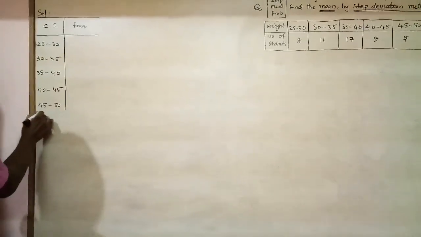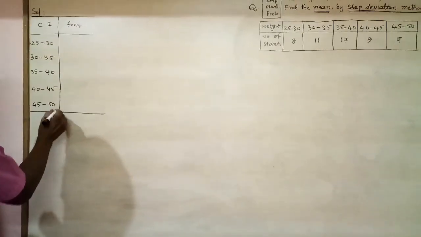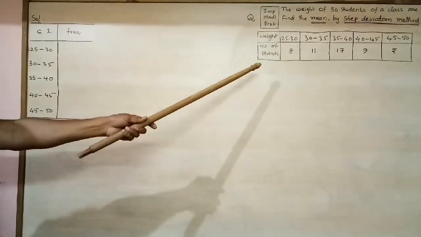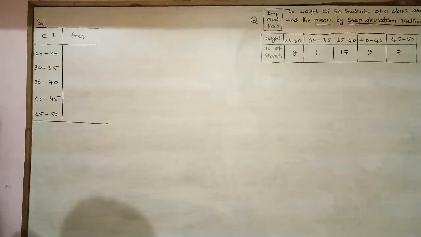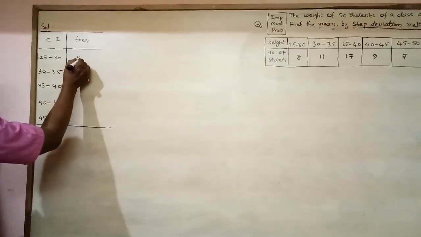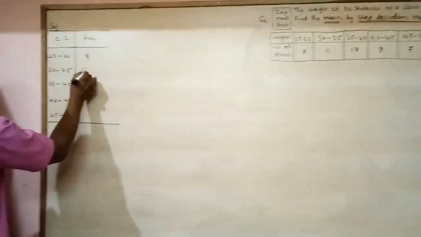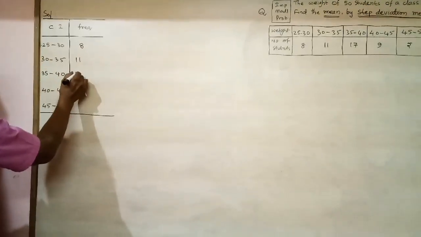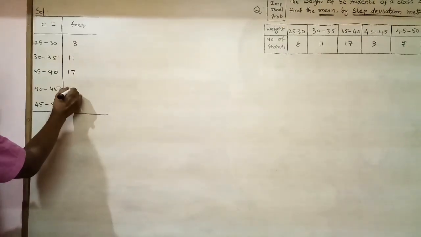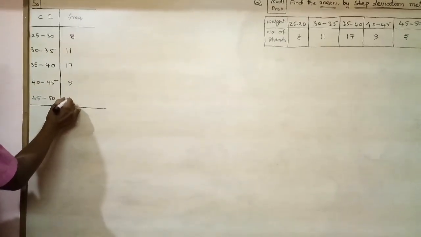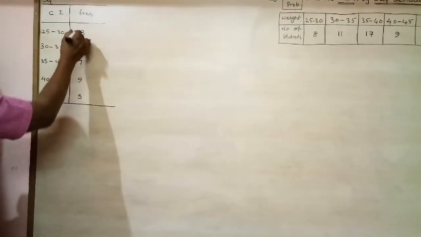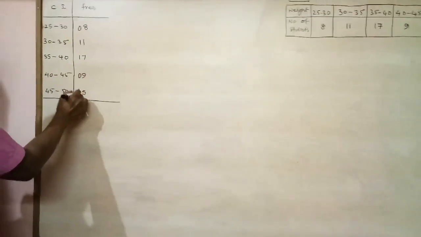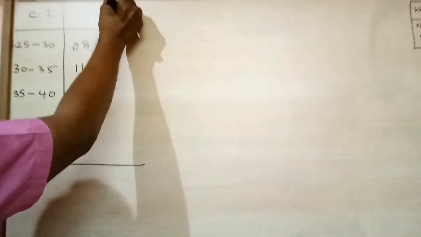These are the given classes. The frequencies are 8, 11, 17, 9, 5. These are the given frequencies.